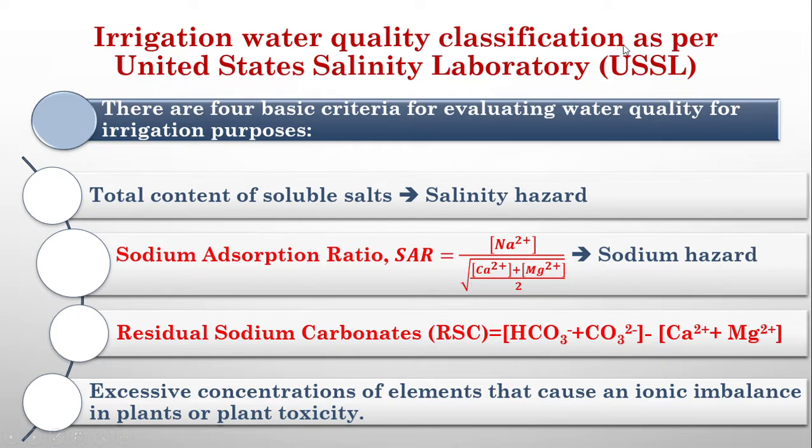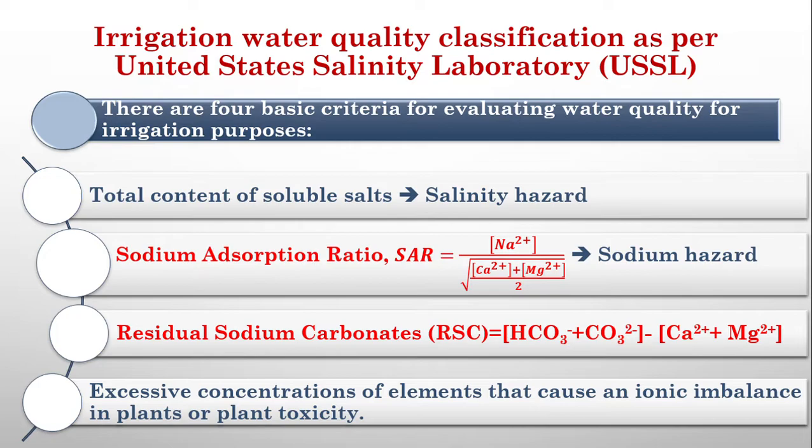They have classified the irrigation water into many categories based on four parameters. One is the total content of soluble salts that may cause salinity hazard, and the second is the sodium adsorption ratio, or SAR, which is represented by the ratio of sodium, calcium, and magnesium ions. It can cause sodium hazard.